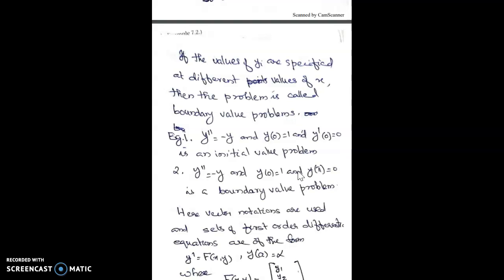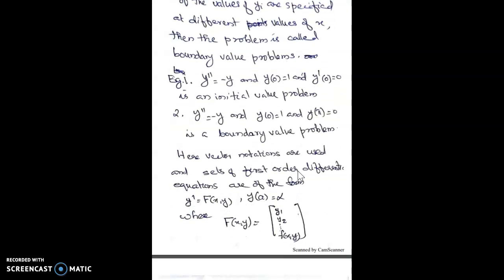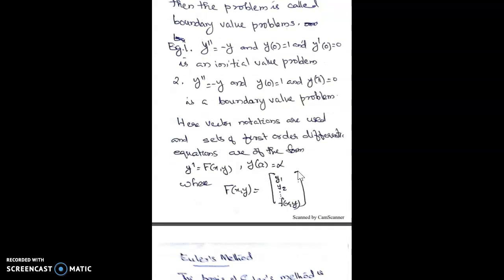Here, x = 0 and x = pi. Vector notation is also used, and sets of first order differential equations are of the form y' = f(x, y), y(a) = alpha, where f(x, y) is a column matrix with entries f1, f2, etc.